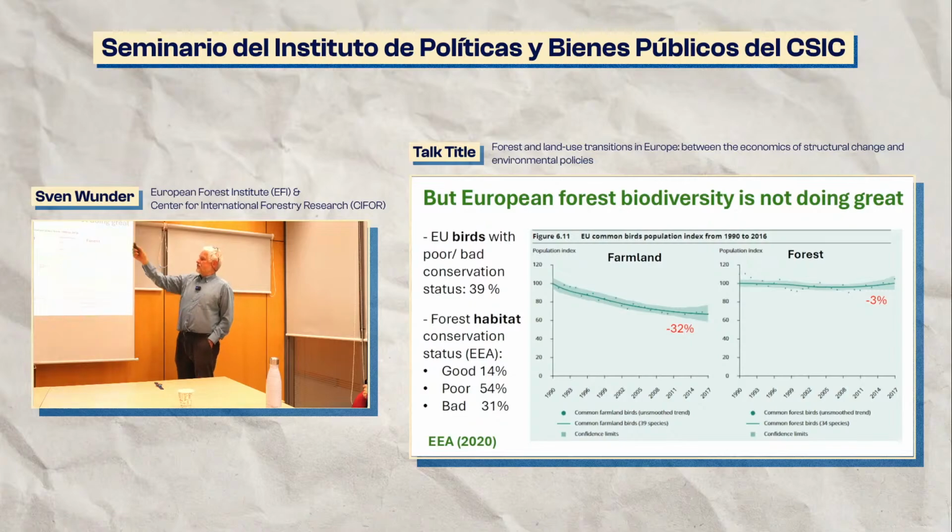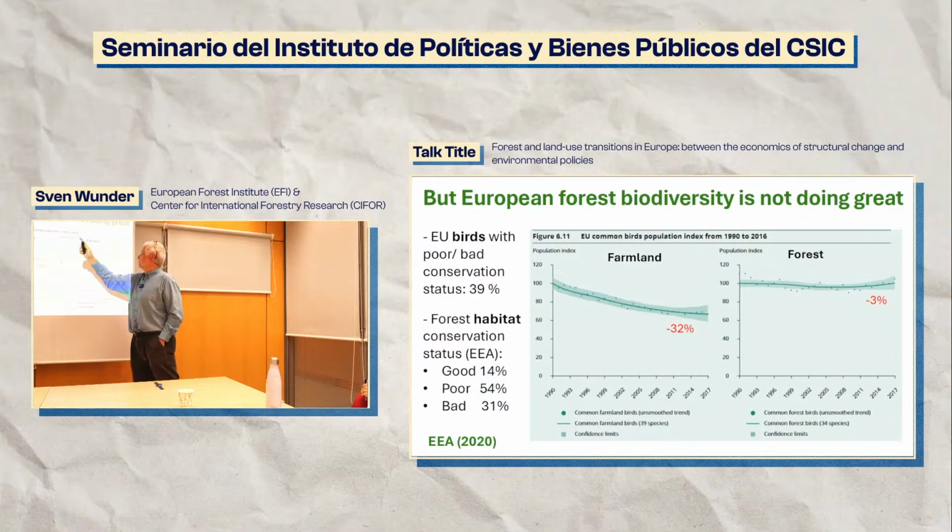Turning to the birds data here, in this somewhat simplified division that the EEA is doing between farmland and forest birds, you can see our biggest biodiversity loss is in the farmlands, but also in the forests.